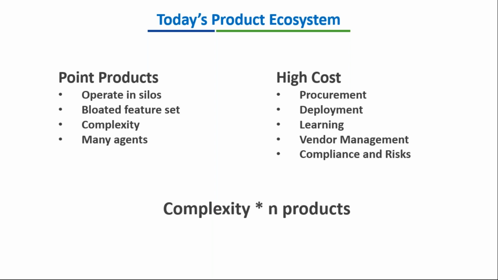With multiple tools being procured, there is also the high cost of management, procurement, deployment, certifications, learning, vendor management, and compliance and risks. So with each new platform or product that we procure, complexity multiplies.